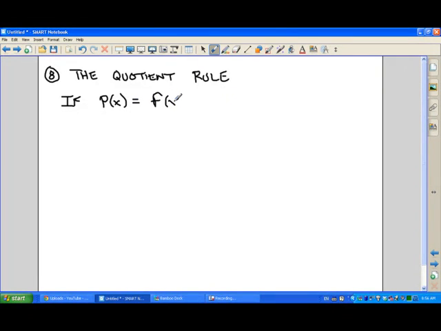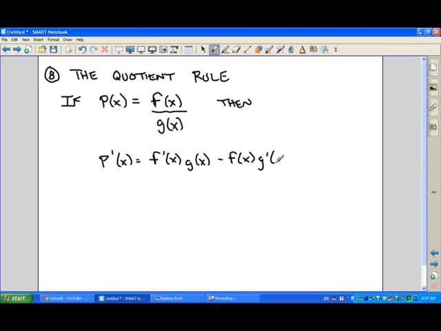If my function p of x is equal to f of x divided by g of x, then my derivative of p of x is going to be equal to the derivative of the numerator times the denominator minus the numerator times the derivative of the denominator, all divided by the denominator squared.